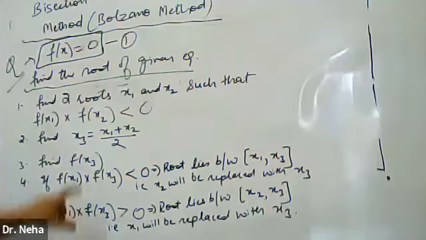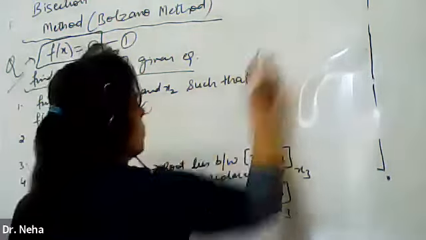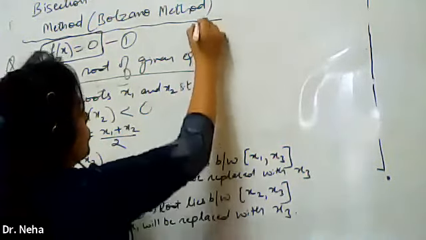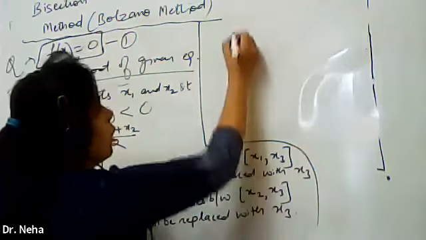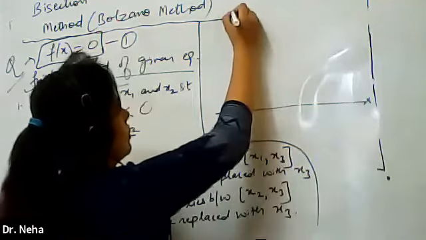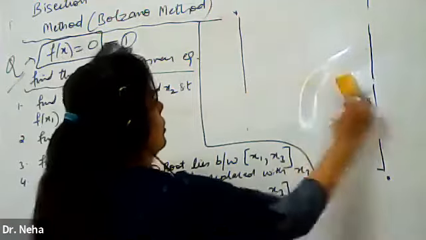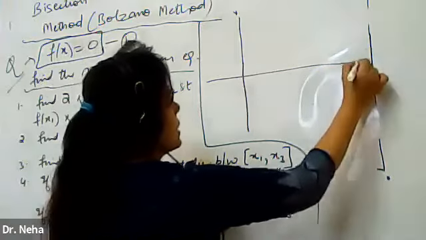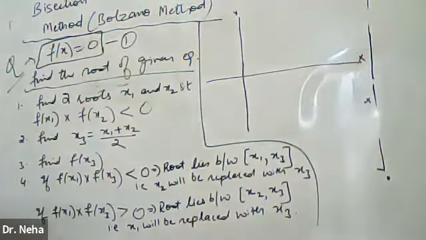Okay, let's understand these steps with the help of graph. What are the steps? See, it has x-axis, y-axis. Now, firstly, what will we do?